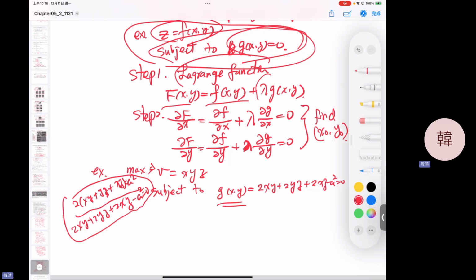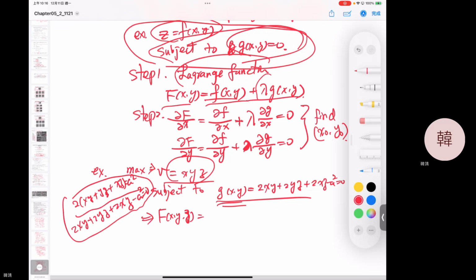So we just write up this Lagrange optimization approach. Your f(x,y,z) equals combining these two together, f(x,y) plus lambda g(x,y).